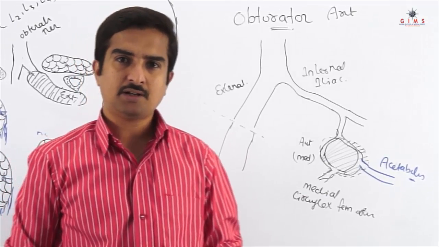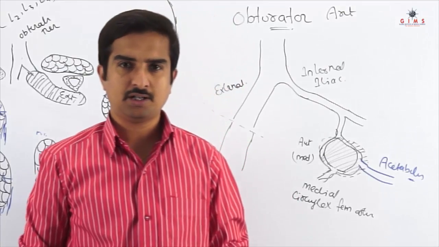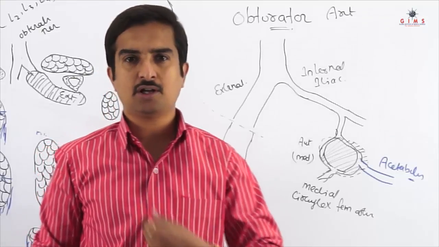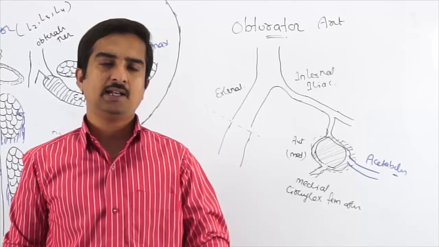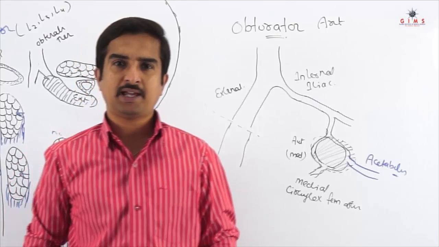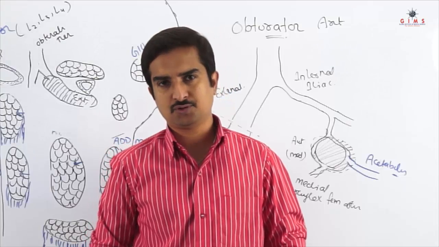This acetabular artery, which is a branch of the posterior division of the obturator artery, runs towards the acetabular notch and the acetabular fossa, where it mainly gives blood supply to the fat which is present in the acetabular fossa.